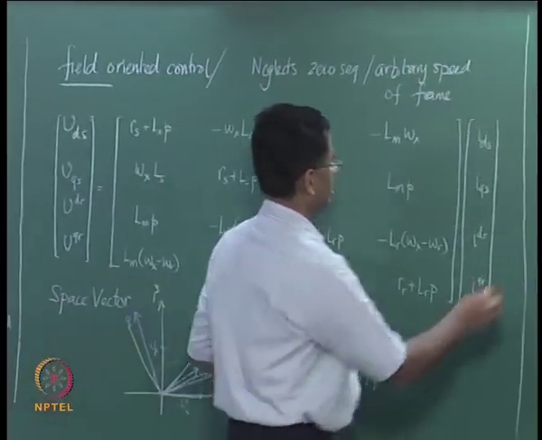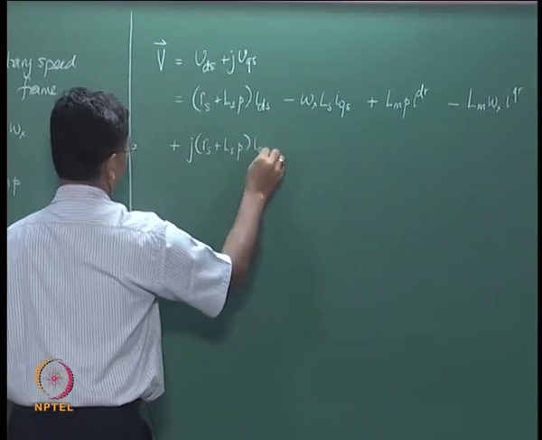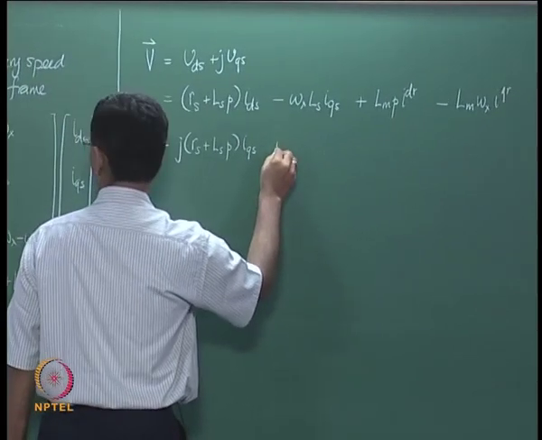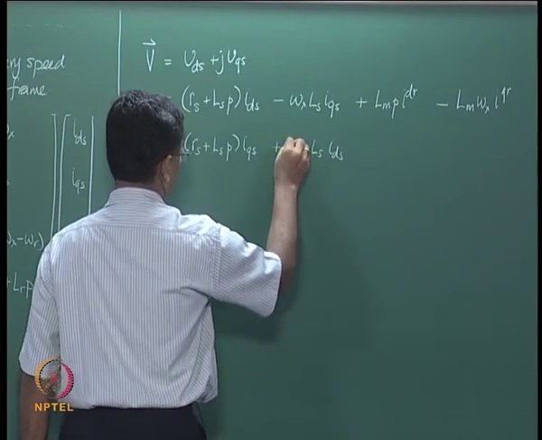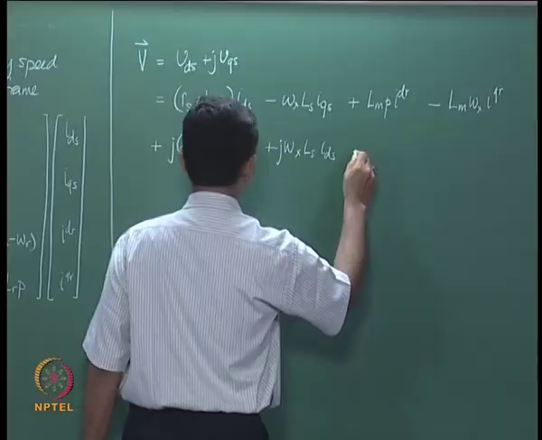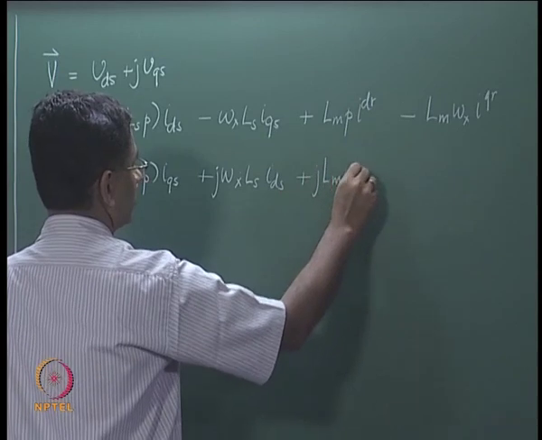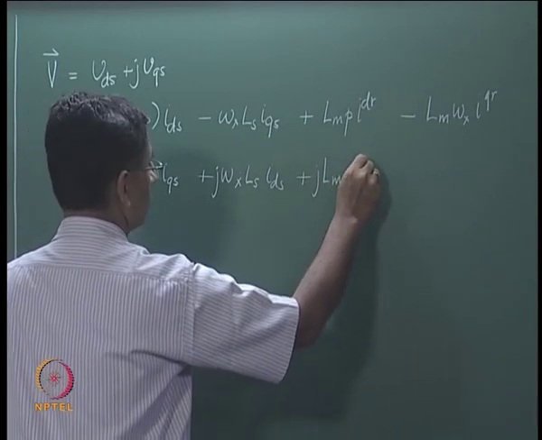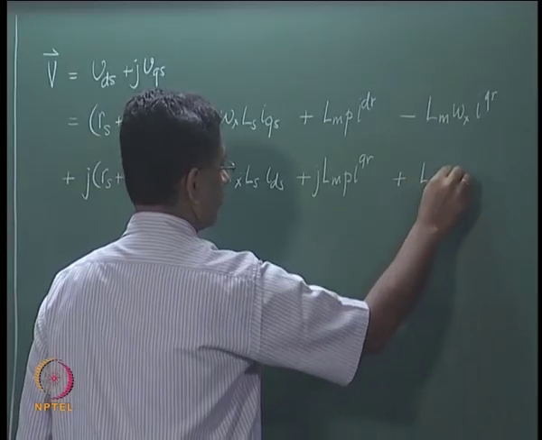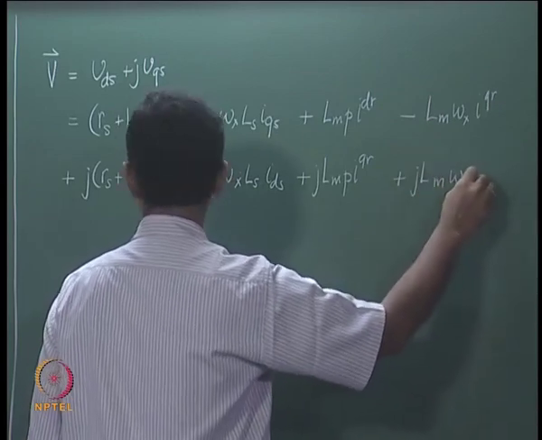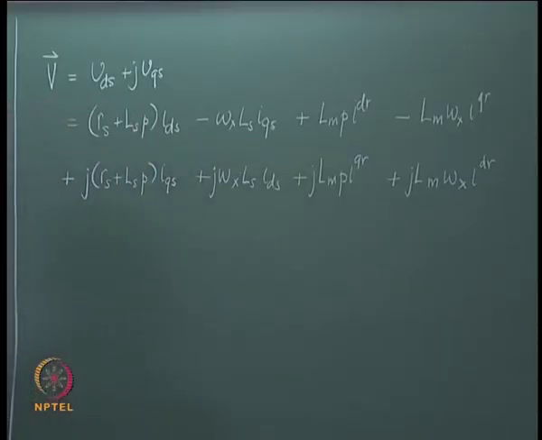So, that is J times Rs plus Lsp into Iqs, and then you have plus omega x Ls into Ids with a J here, and then you have plus J times Lm P into Iqr, and then plus Lm omega x J times into Idr. So, that is what you will end up with.